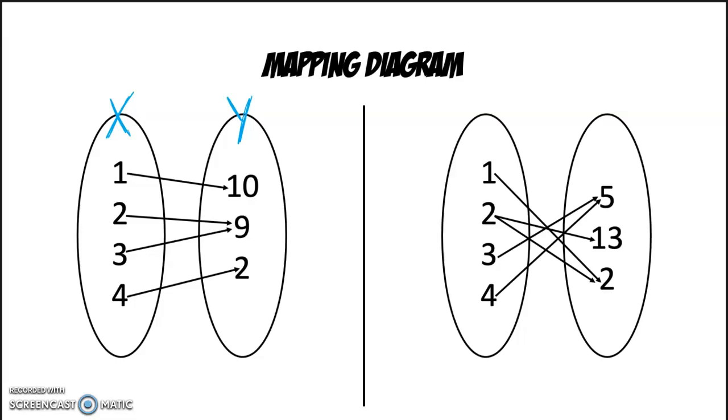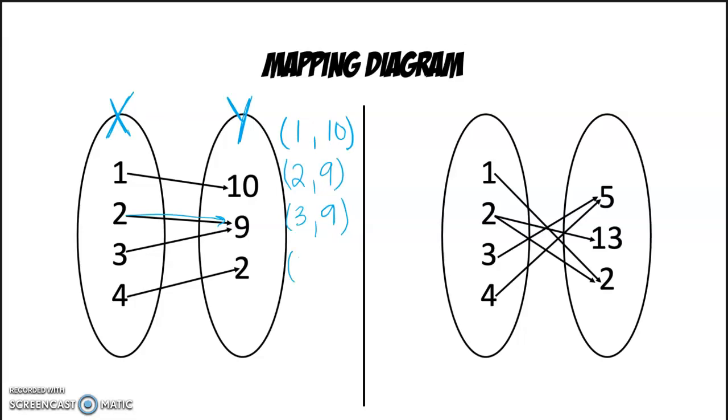We've got 1, and because the arrow goes to 10, that tells me that the x value is 1 and our y value is 10. That's our ordered pair. For x is 2, there's one arrow coming out of it, and that means the y value is 9. For 3, the y value that goes with it is also 9.